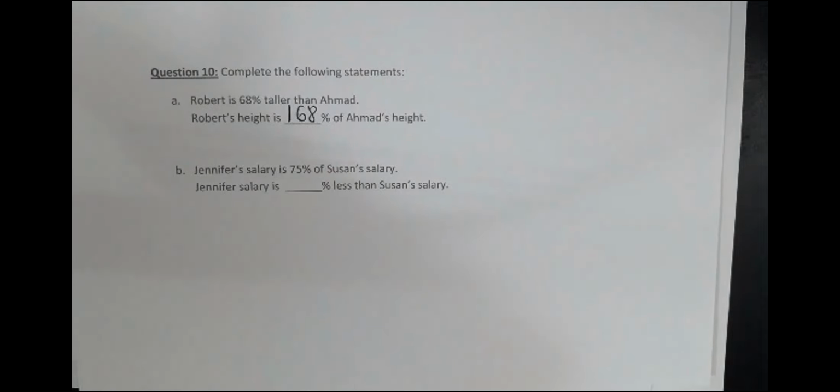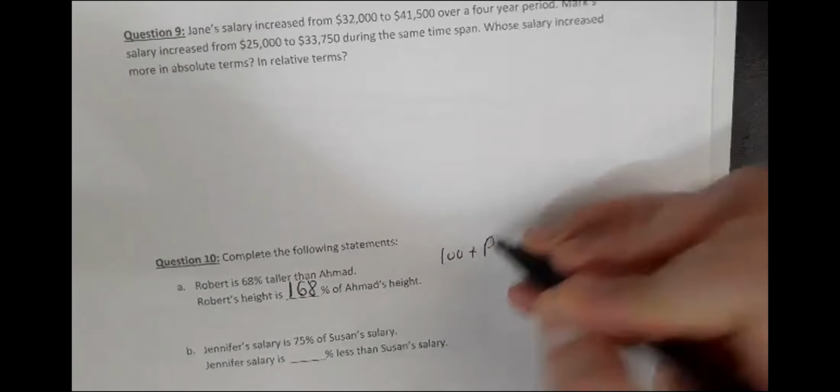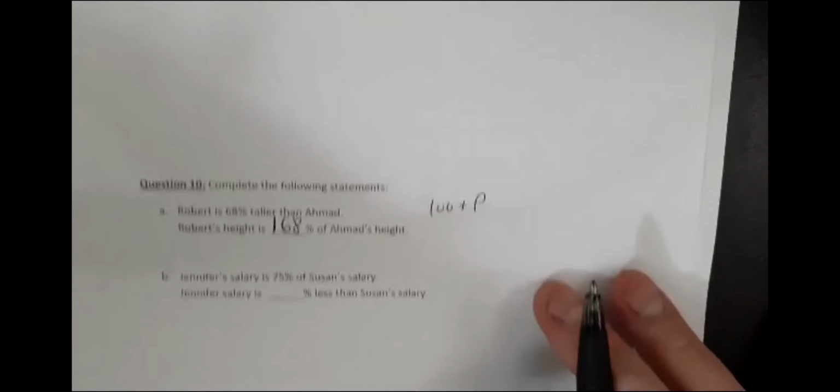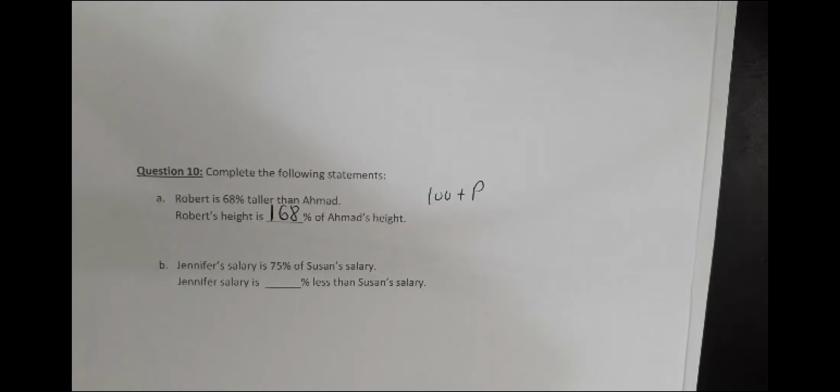What about question 9? Good question. I guess I skipped over that one. We'll go back up in just a second. Jennifer's salary is 75% of Susan's salary. Jennifer's salary is blank percent less than Susan's salary. This one is a little weird, maybe. Is it 25%?